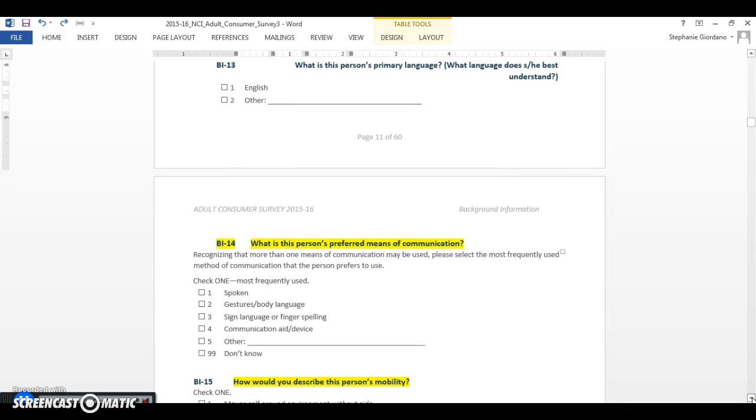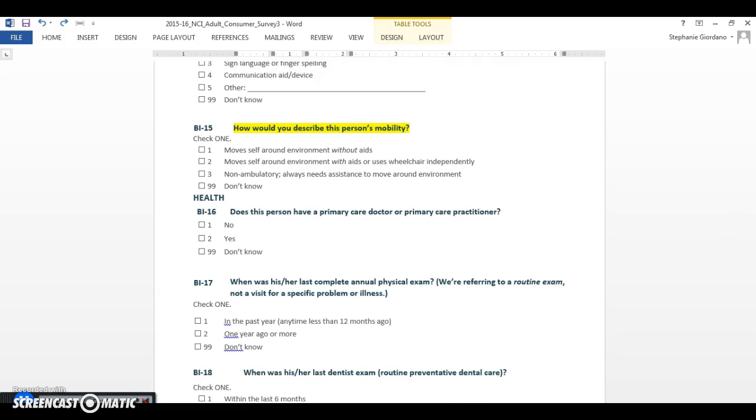For this question, while we understand that a number of people will use more than one type of communication style, we are looking for the most frequently used method of communication. Then we ask about the person's mobility.